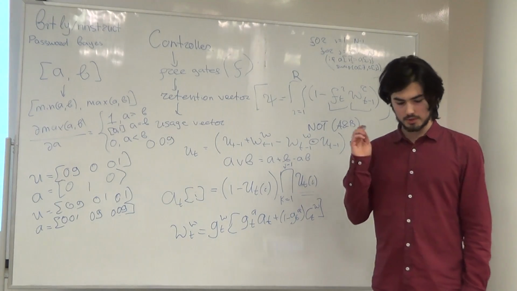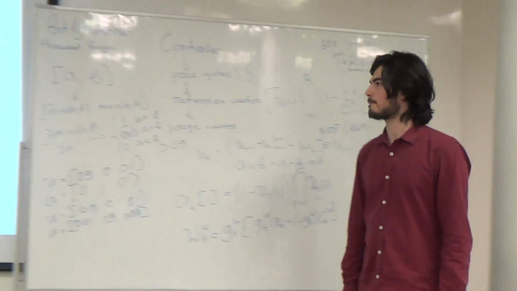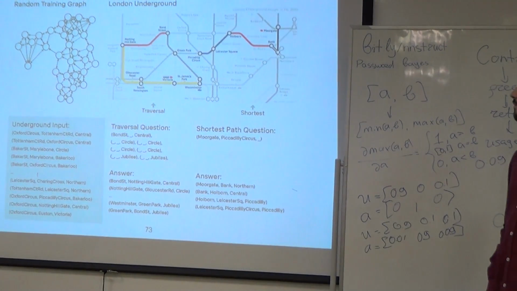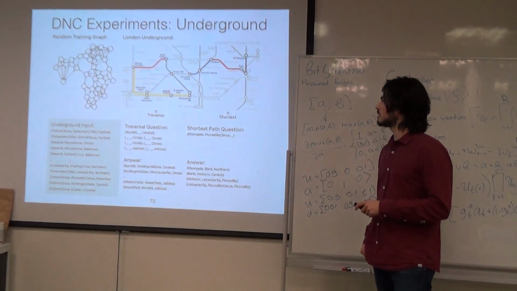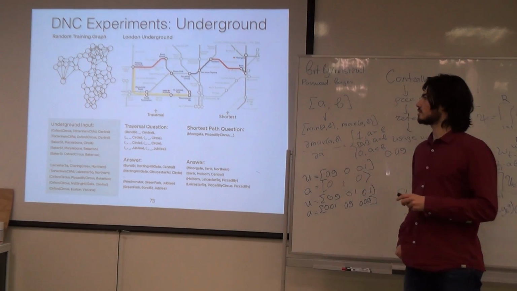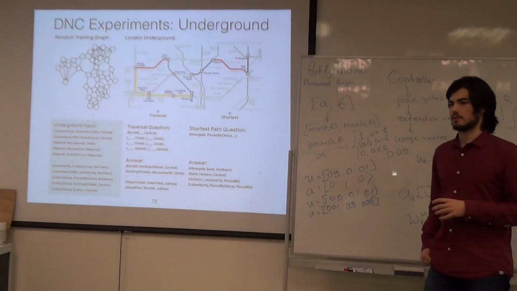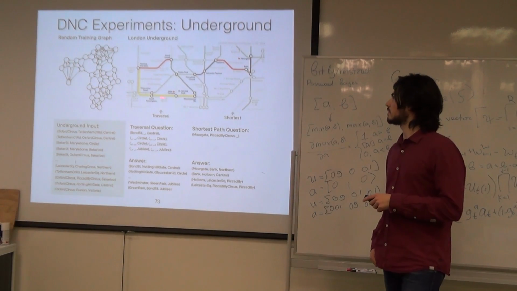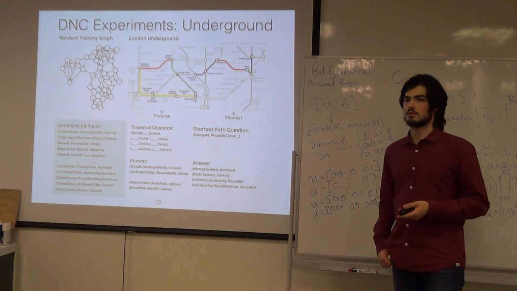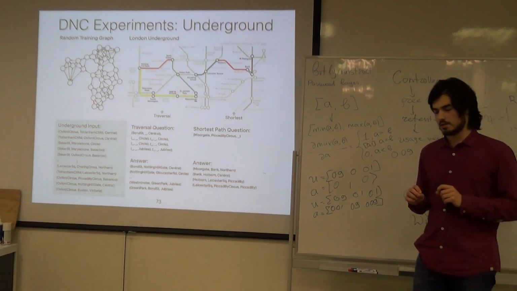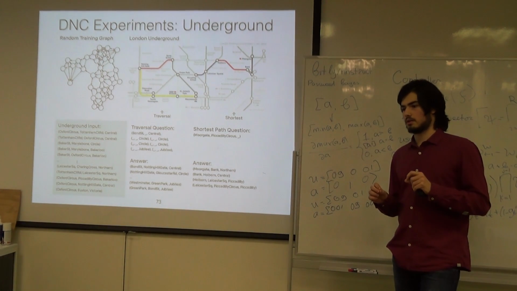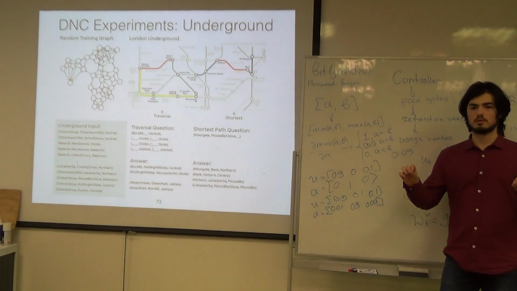So let's now consider a couple of examples. Actually, the paper is really cool because they had really funny illustrations. For example, they considered tasks on a graph, and as an example, they took the subway graph of the London subway. They considered two tasks. One is finding the shortest path between the nodes.